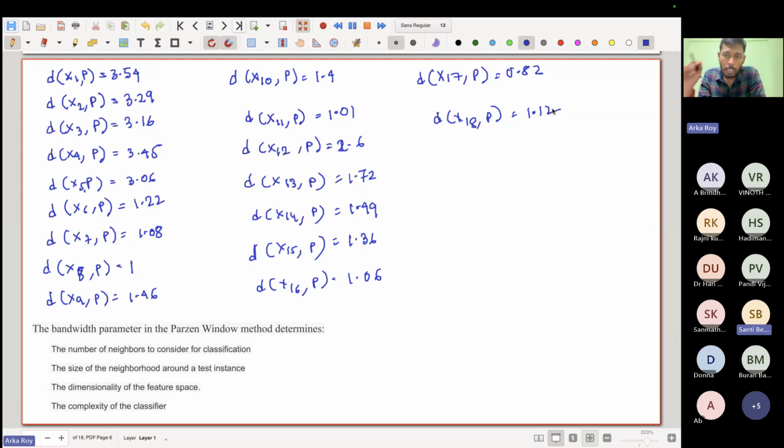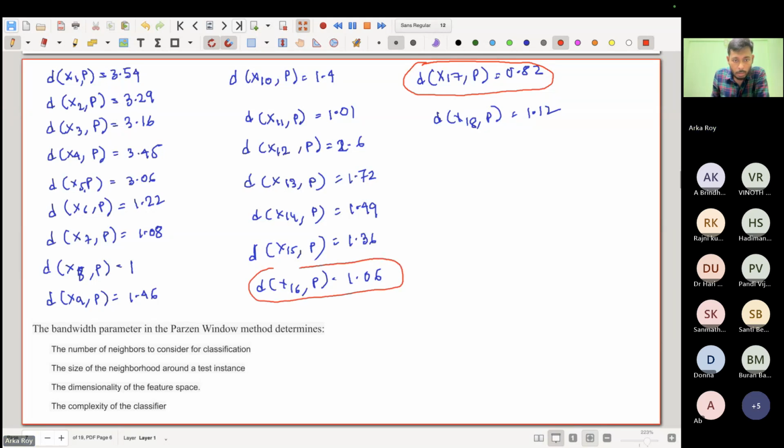So now you have to consider the 5 lowest distance measures. The 5 lowest distance values are the 17th one, then the 16th one, then the 8th one, the 11th one as well.